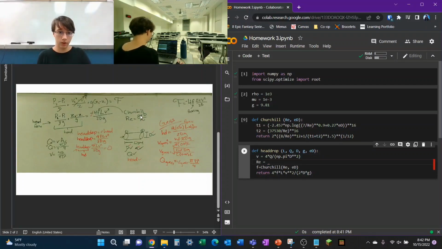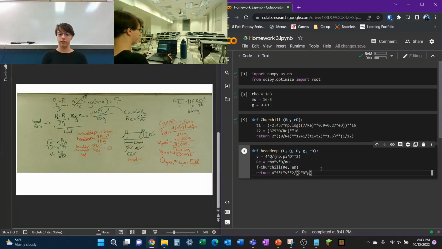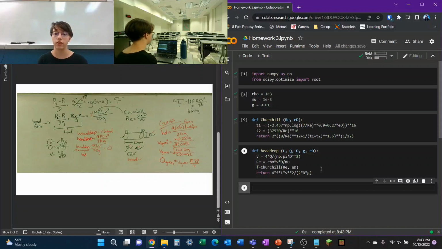So Reynolds number is rho V D over mu, so that's going to be rho times velocity times diameter divided by mu. And so at that point we have everything fully defined, and so there we have a method for calculating the head drop when we're given a flow rate.